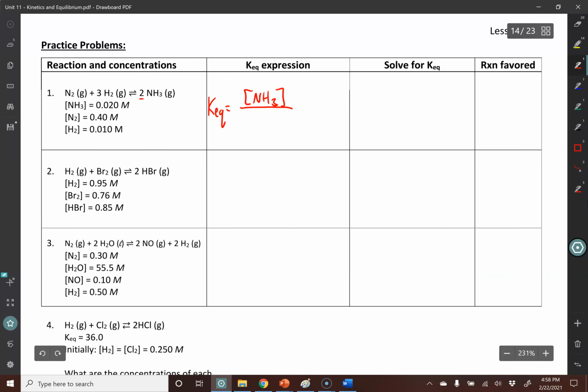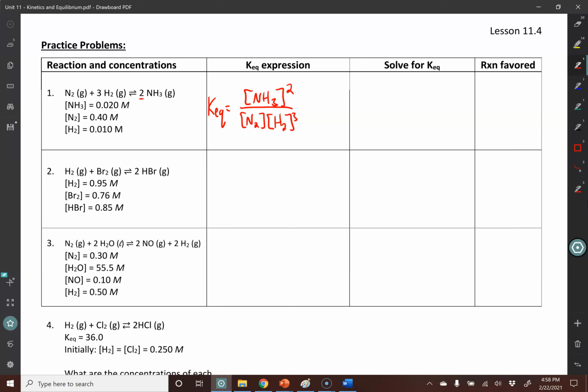I see that coefficient of 2, so I will raise it to a power of 2. Same thing with the reactant side. N2, no coefficient, times H2 to the third power. That is the equilibrium expression, or the Keq expression.